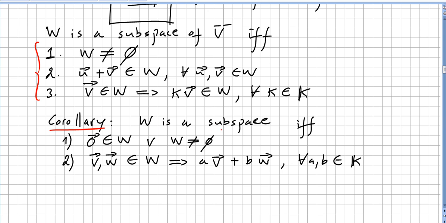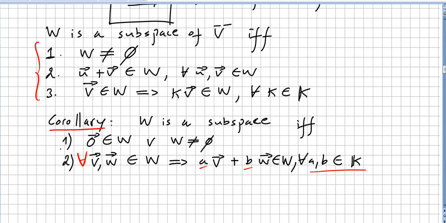W will be a subspace if and only if the vector 0 is in the subspace, which is the same as W being non-empty, and second, for all vectors V and W in the subspace, and A and B scalars in the scalar field, A times V plus B times W is also in the subspace.